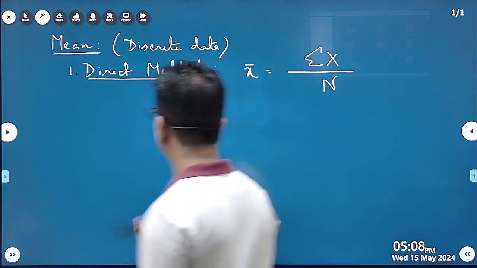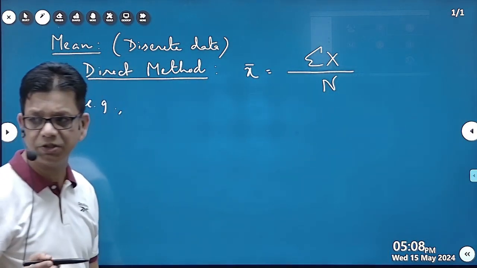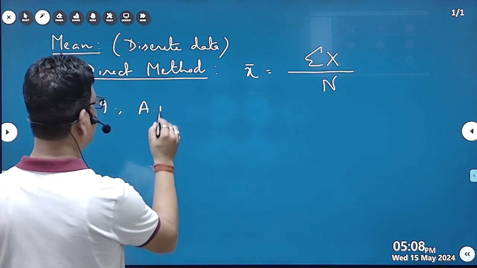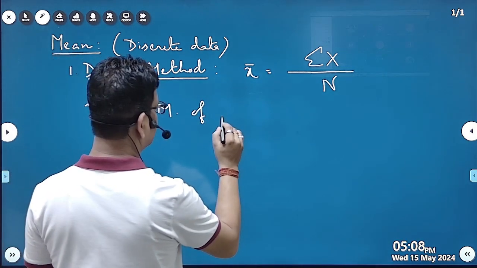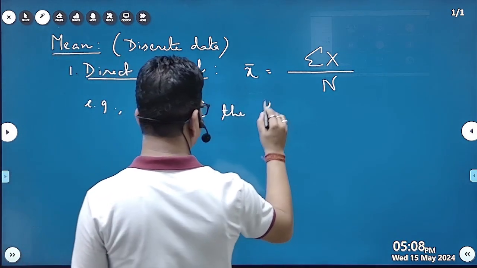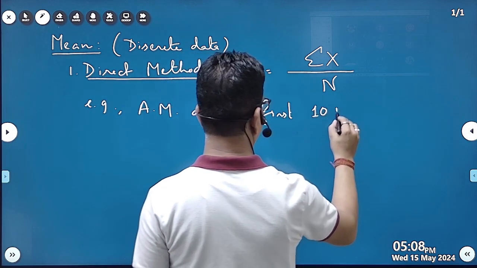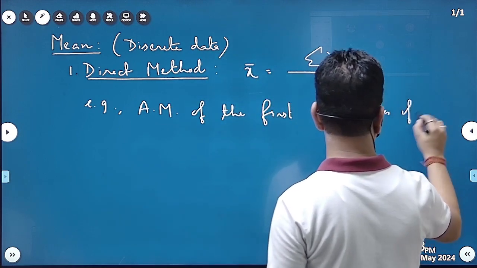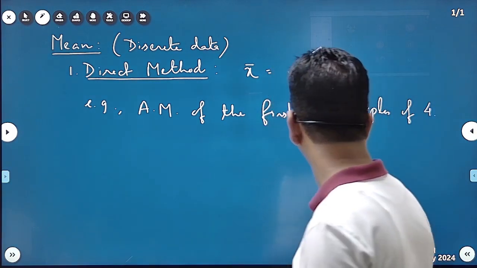Now if I give an example: find the arithmetic mean of the first 10 multiples of 4.